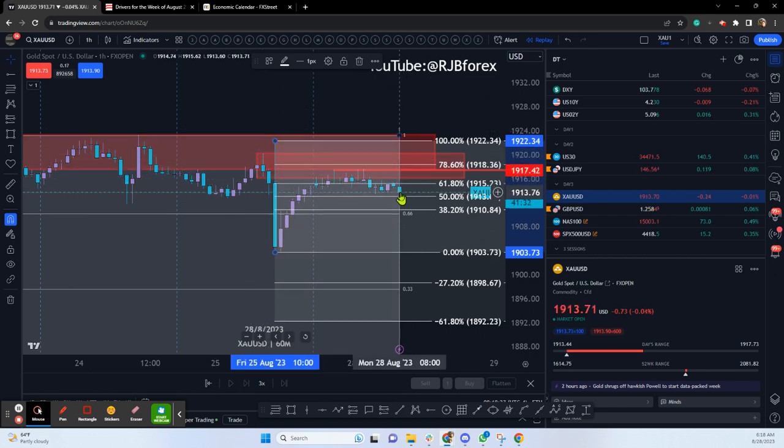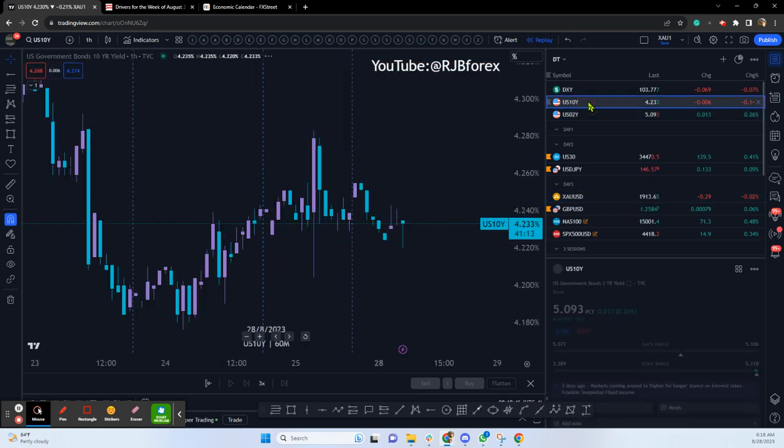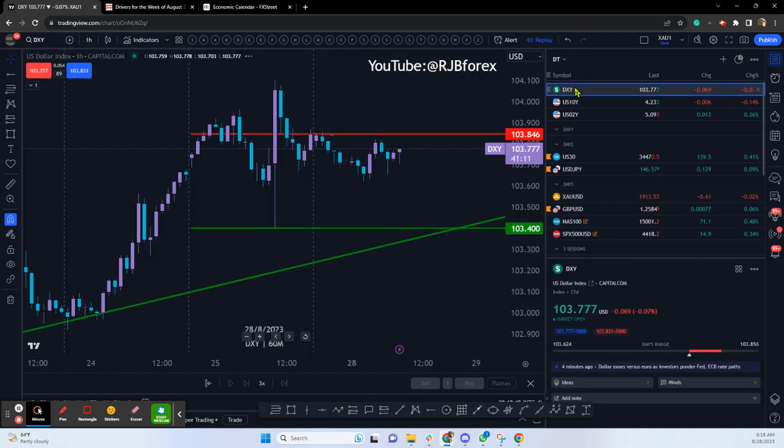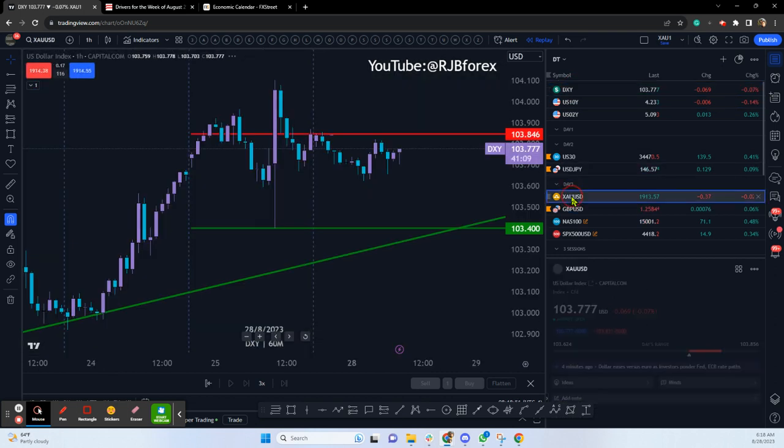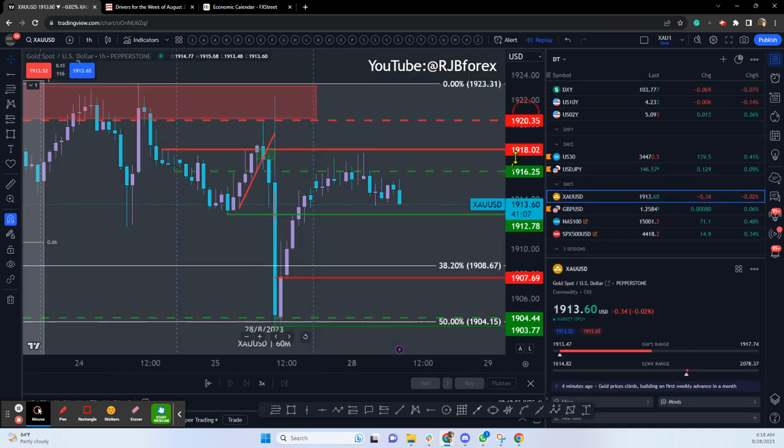So are we going to see the continuation to the downside? Now, again, that doesn't really play into our dollar bearish thesis. So keep an eye on this.